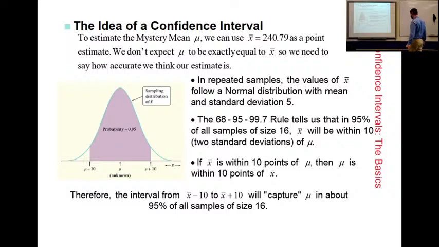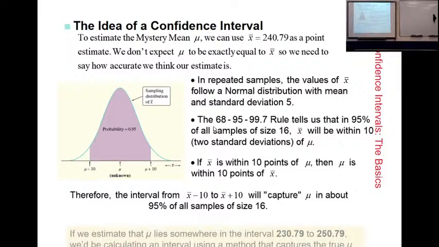And so if we go 10 to the left of our point estimate and 10 to the right of our point estimate, then we're going to get that actual population about 95% of the time. And so that's kind of the process or the idea that we are going through here.